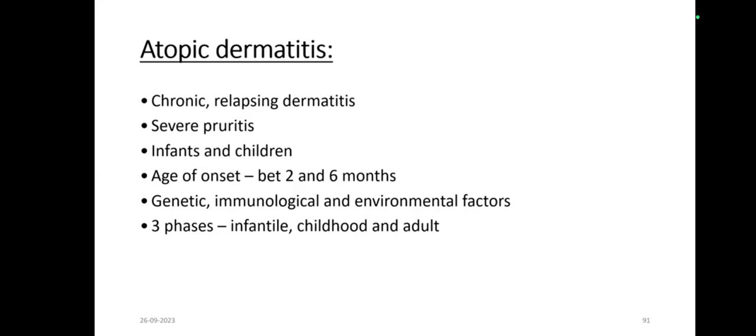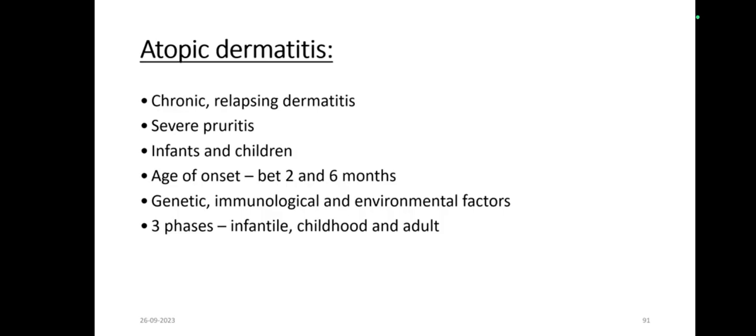Here also, the IgE levels will be very high. And today we saw a case with an IgE level of more than 10,000. Usually 85 to 100 is the common reference value for IgE. We can even get cases up to 10,000.